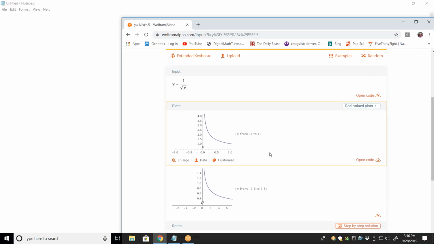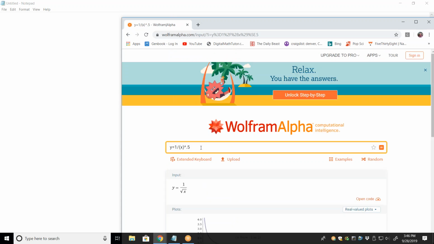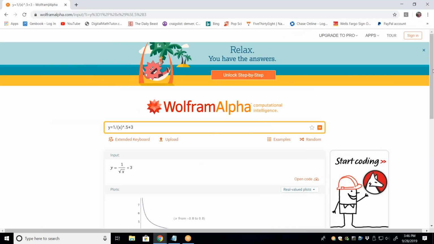You with me? What's going to happen when I add 3 to this? You're going to move it up 3. Yeah, and that's all. In other words, this line, can you see where I'm pointing here? That line is going to go up by 3 units. So let's see what happens when I add 3 to that. Again, it's going to show me what I put in, which is really nice.